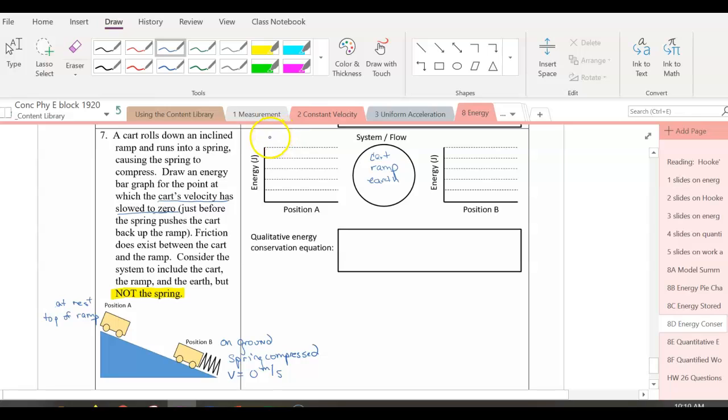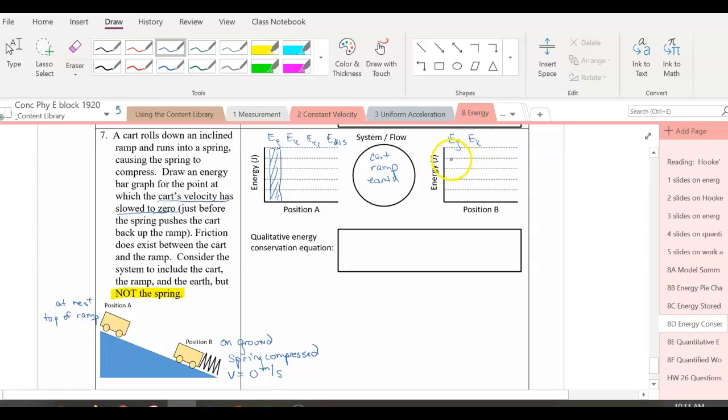Okay, so let's decide what kind of energy this system has at position A. It's at rest, so there's no kinetic energy, but it's at the top of a ramp. So there's a lot of gravitational energy at the beginning. And then at position B, it's on the ground. There's no more gravitational energy.